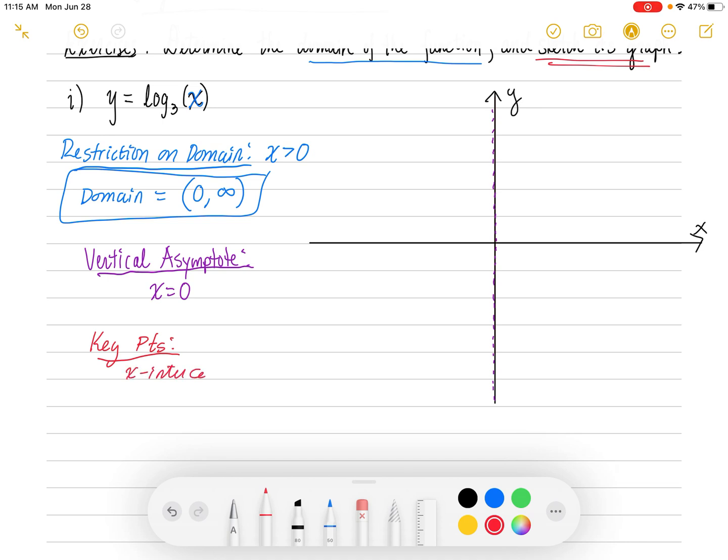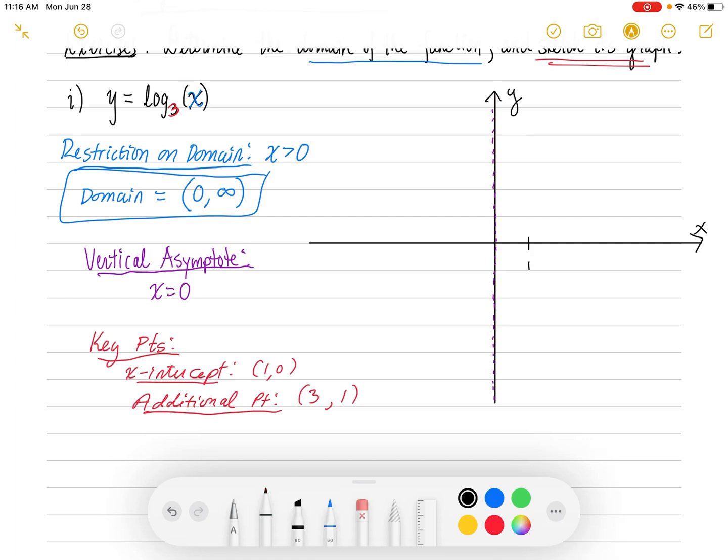Then we're going to put down 2 key points. So for the basic logarithmic function, you're going to have 2 key points. You're going to have an x-intercept, which is at 1, 0. And you're going to also have an additional point at a comma 1.